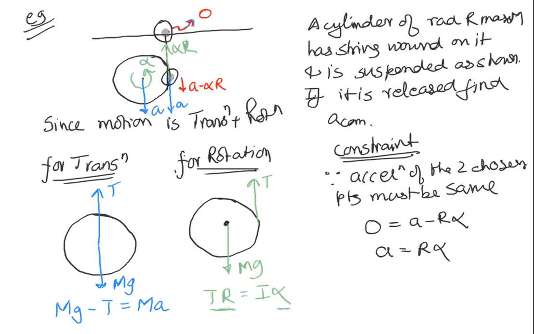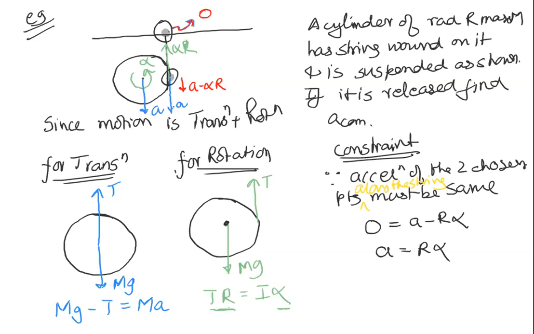So the acceleration of two chosen points along the string must be same. Perpendicular to the string, it can be anything, no problems whatsoever. Along the string, the acceleration must be the same.